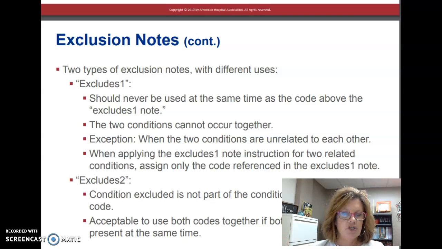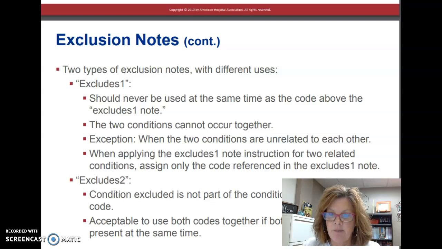Excludes1 should never be used at the same time as the code above the Excludes1 note. These two conditions can never occur together, except when the two conditions are unrelated to each other. Let's go back to M80. What they're telling us is that if somebody has osteoporosis with a current pathological fracture, that Excludes1 means you can never code collapsed vertebrae with anything in this section.